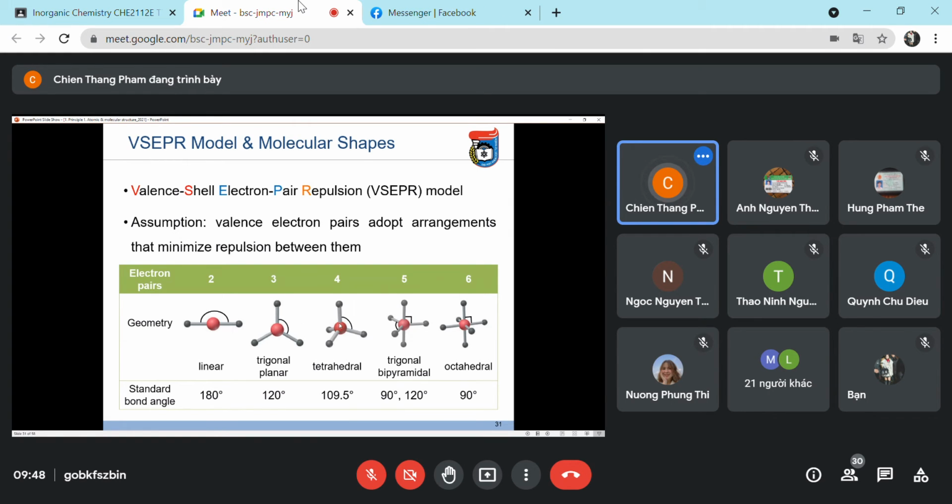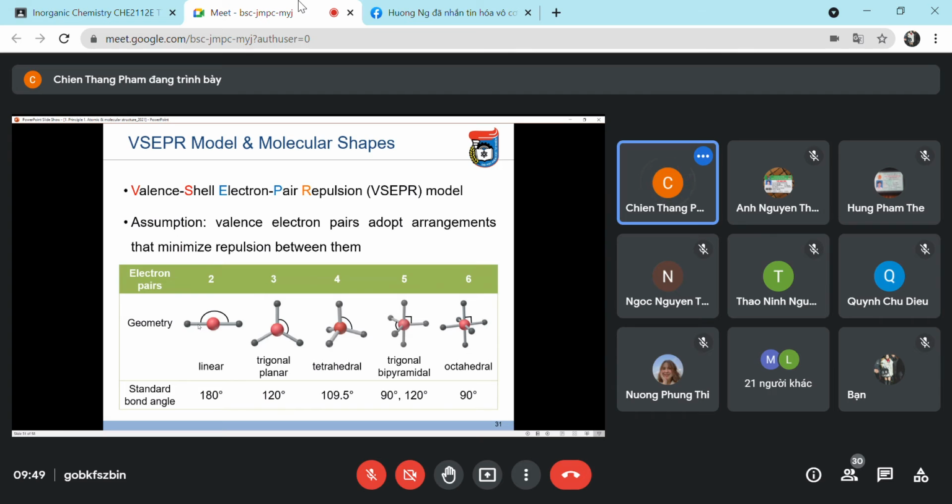One is directed to the right, and the other to the left. In this case, we obtain the linear geometry or linear shape.